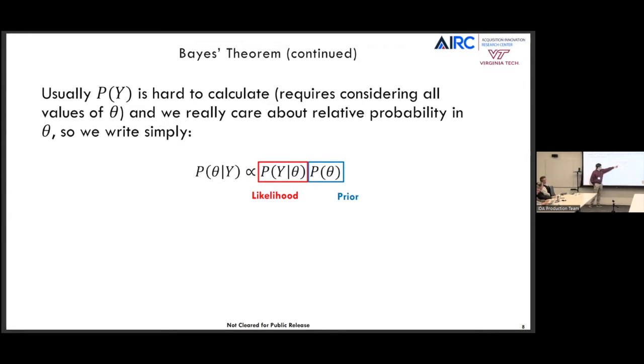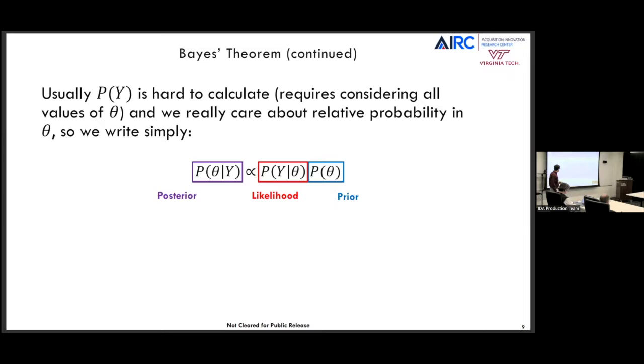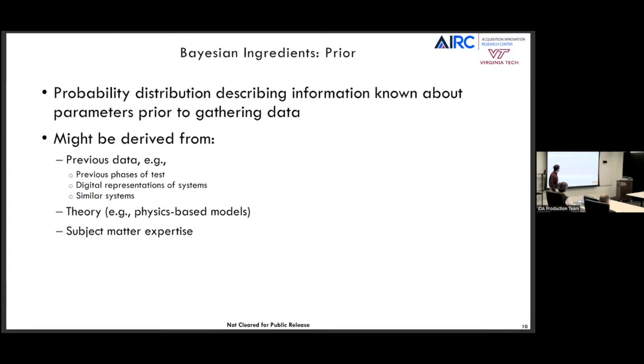And for a given value of theta, we can say what the probability of getting that data is from some statistical model. And we're going to call that the likelihood. Okay? And then we multiply those things together, and up to a proportionality constant, we get what's known as the posterior, which is the thing we're going to try to estimate. Okay? So I'll talk about each of these three pieces bit by bit.